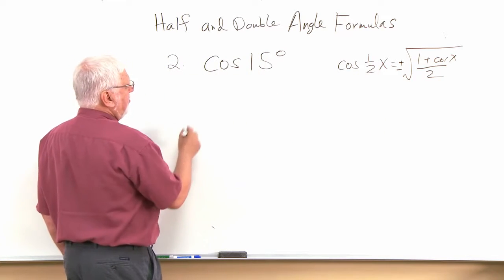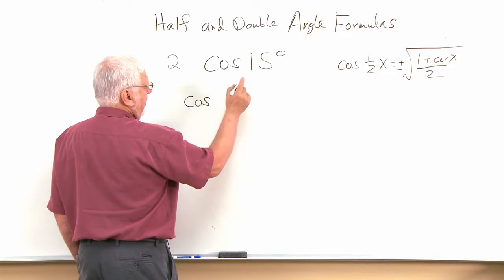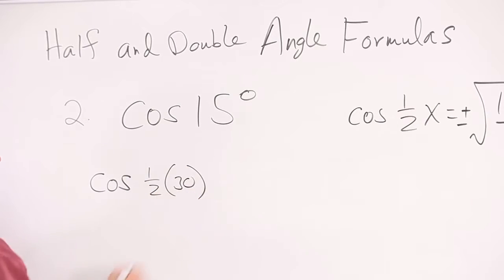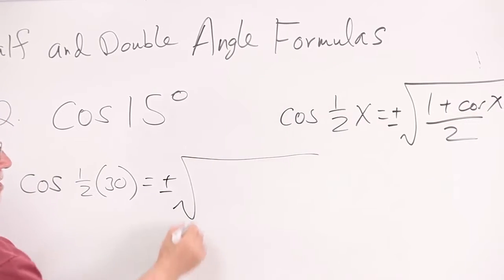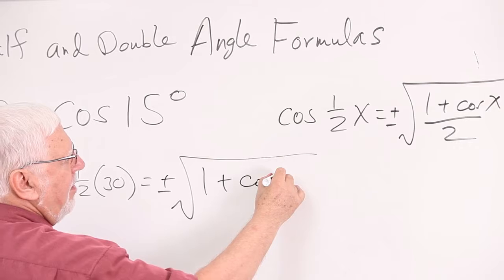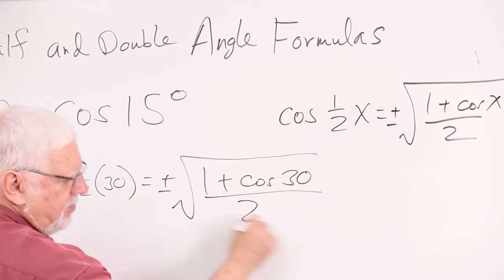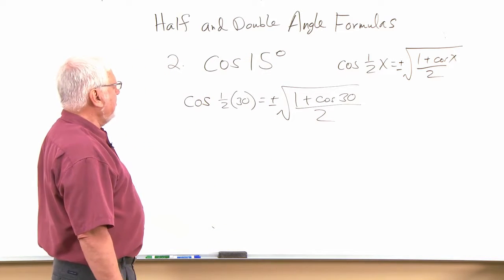So now let's plug that formula in. It's going to be the cosine of 1/2 of 30. Let me actually write that down. That's 15, isn't it? Is equal to plus or minus the square root of 1 plus cosine of 30 all over 2.